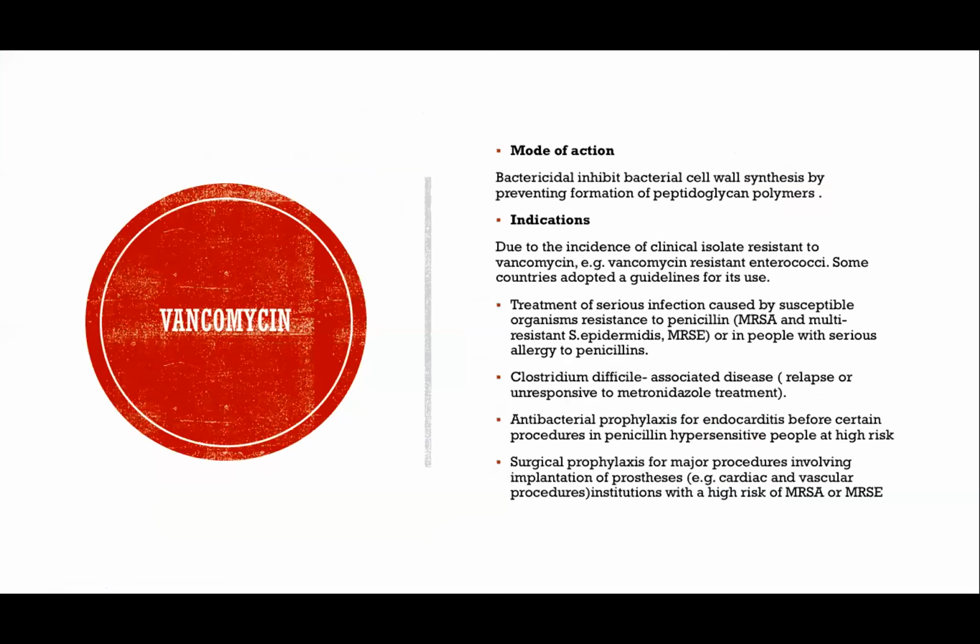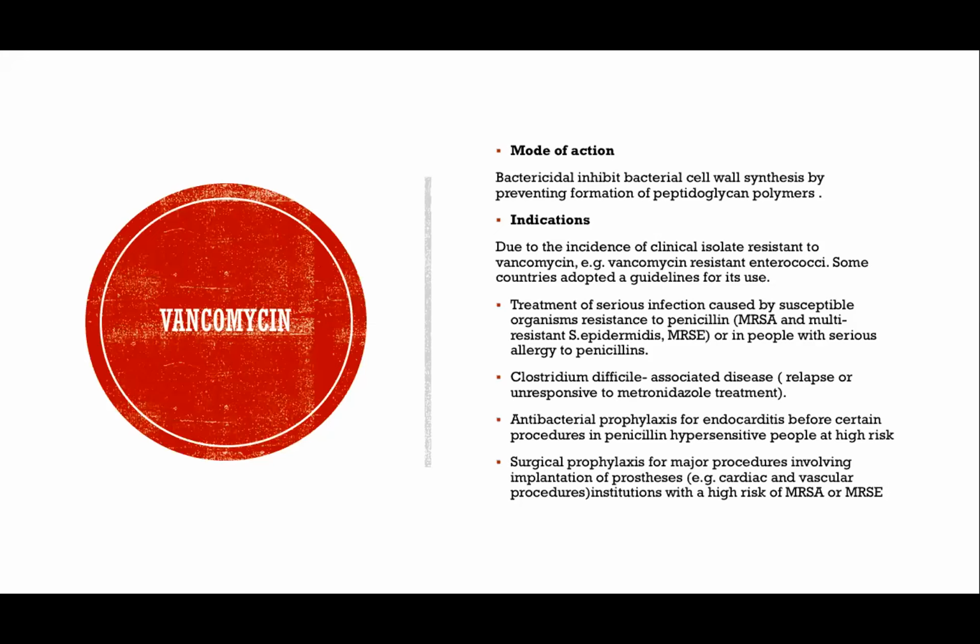Vancomycin can be involved, especially when we talk about MRSA and, for example, pneumonia. For pneumonia, vancomycin is involved especially for hospital-acquired pneumonia, as empirical therapy before we get the culture.